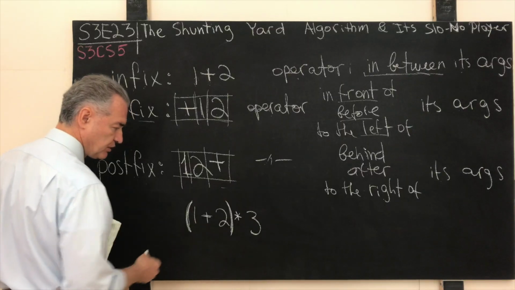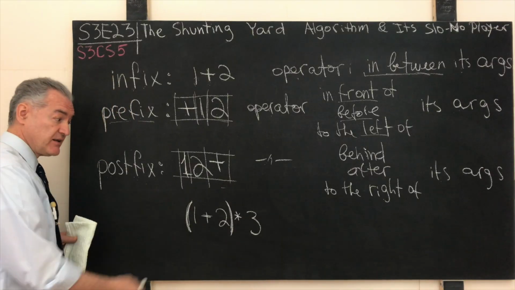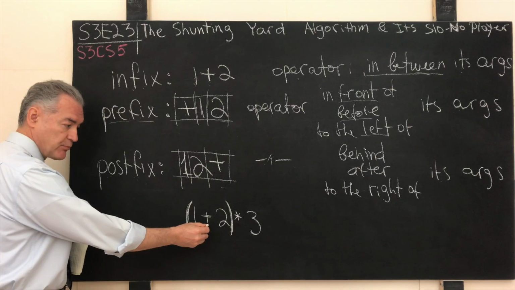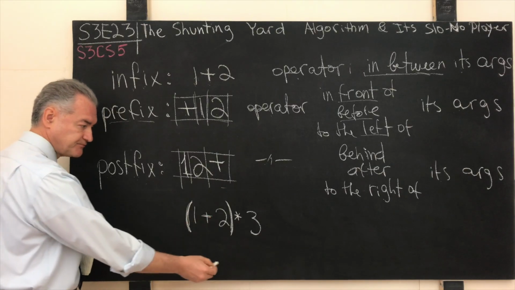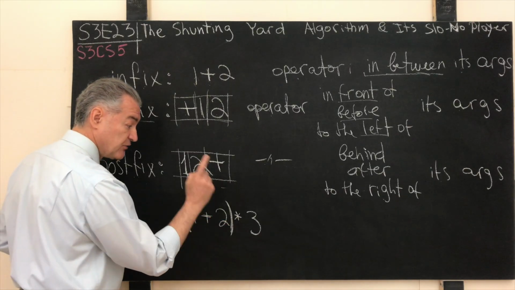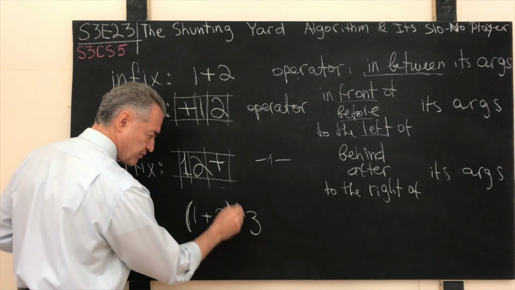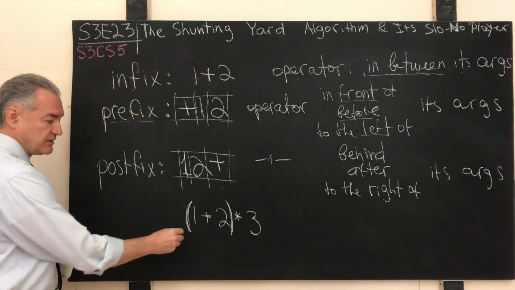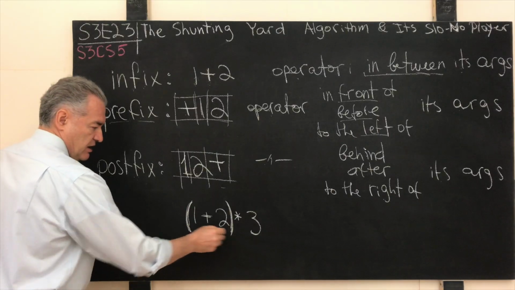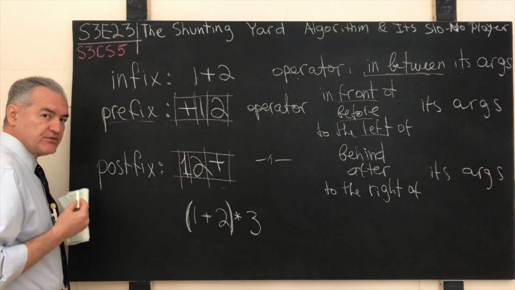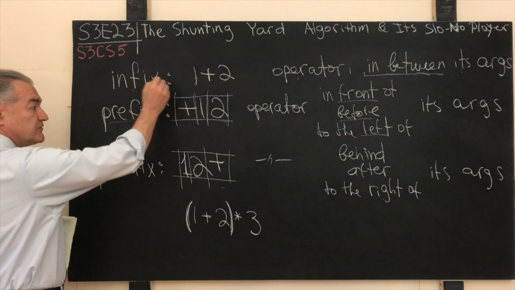And by so doing, we exactly communicate the idea that the lower precedence operator, the operator addition, must be executed before the higher precedence operator multiplication. And such a construct is required for the infix notation.